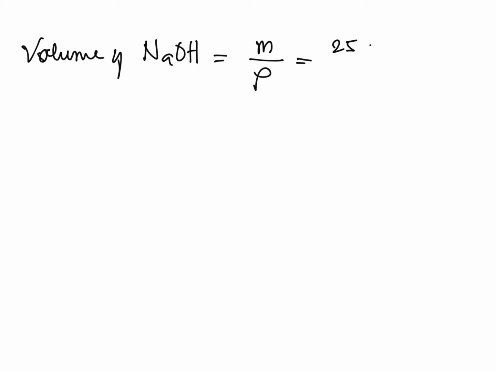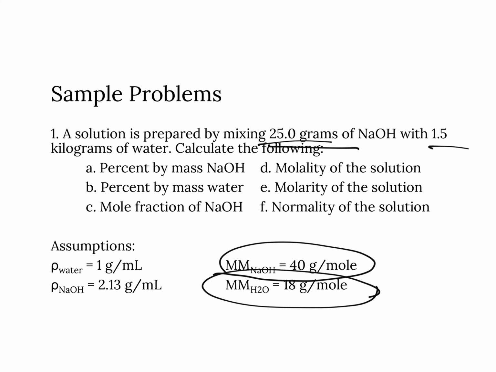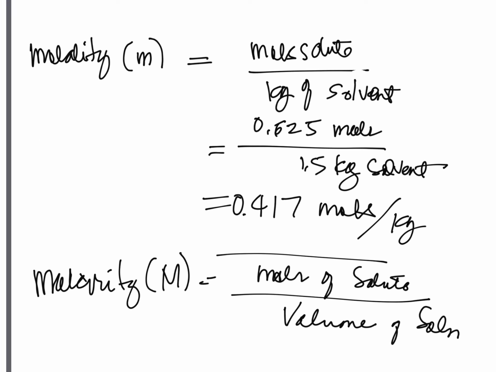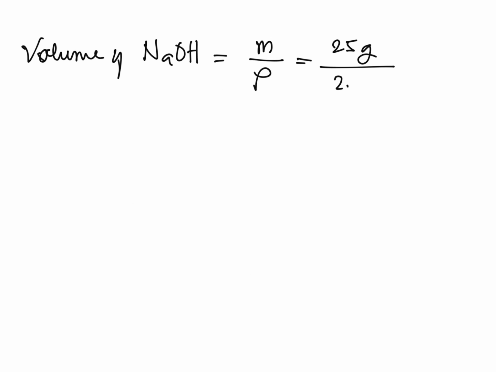As we know, 25 grams is the mass of the sodium hydroxide. Then the density here, if we're going to check it, that's 2.13. Oops, I'm sorry.